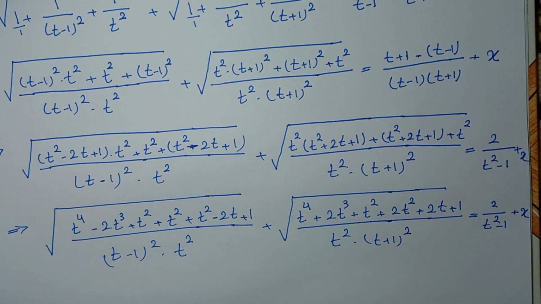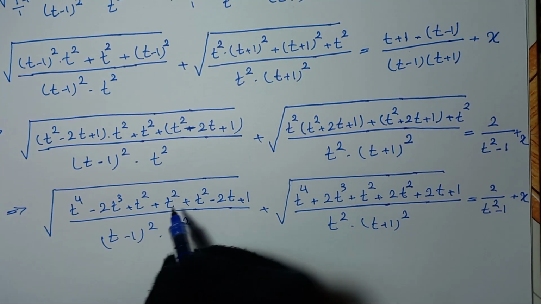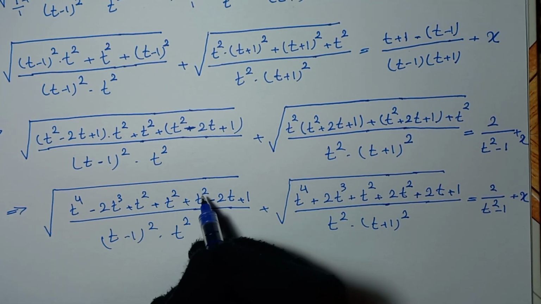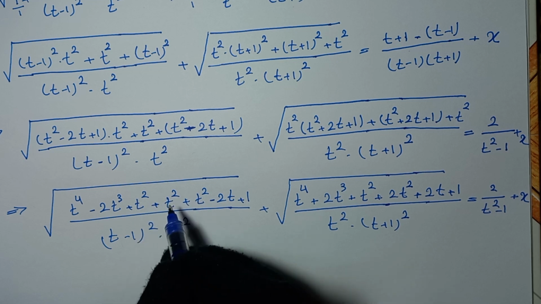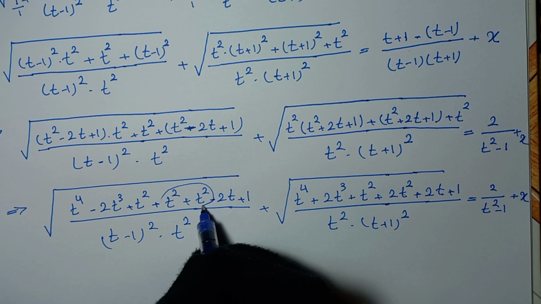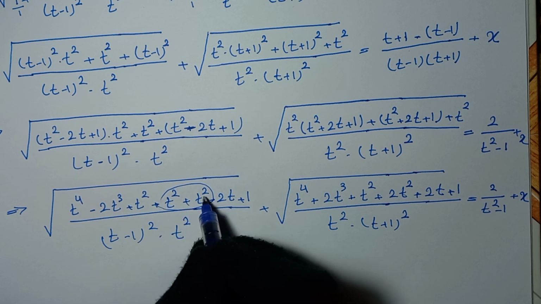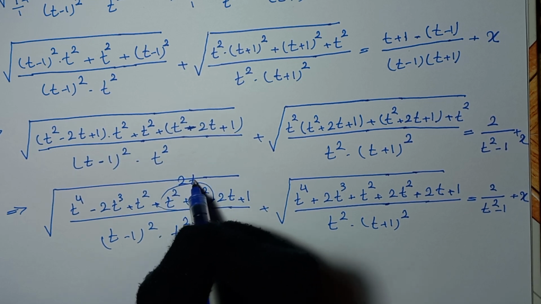In the next step, in here, t squared plus t squared plus t squared, right? In here we have 3t squared. So if we add these two together, it will be t squared plus t squared, it will be 2t squared, right?